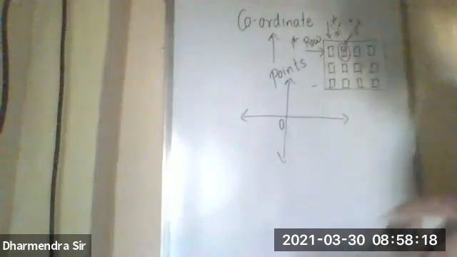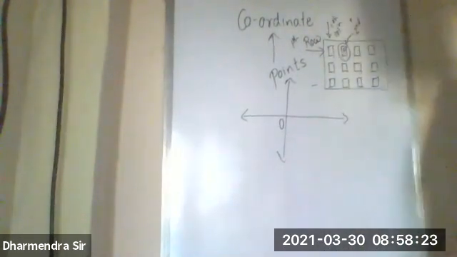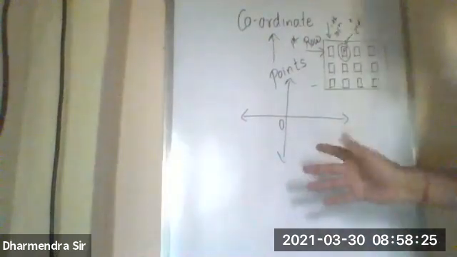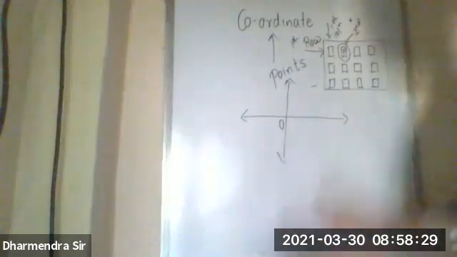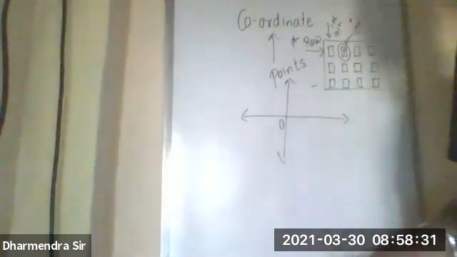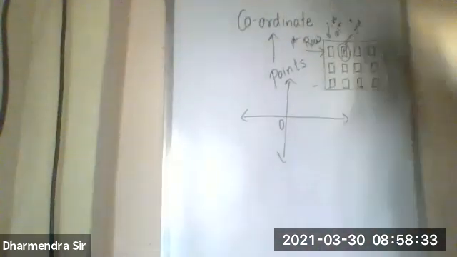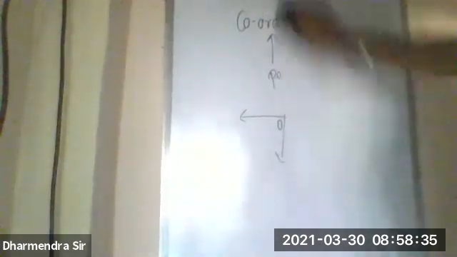So let's move to the basic part, which is very important to understand in order to deal with plotting of a point, representing a point, the line parallel to the x-axis, the line parallel to the y-axis, and so on. So in your earlier class, let's start with the basics, whatever you have in your hand. You have studied about the number line in your last class.